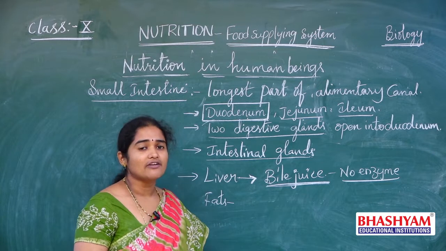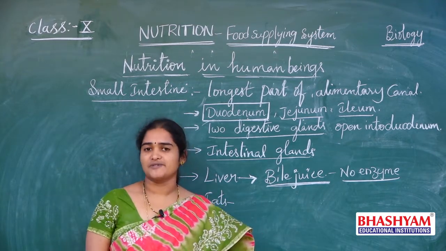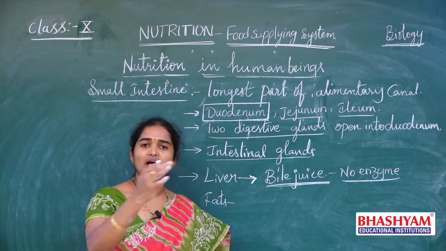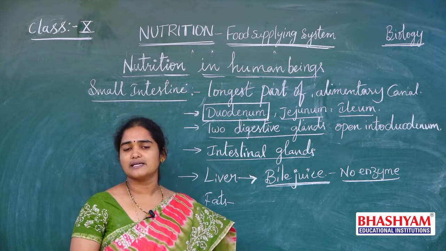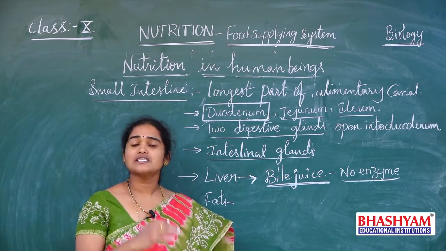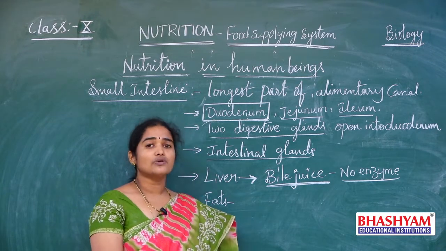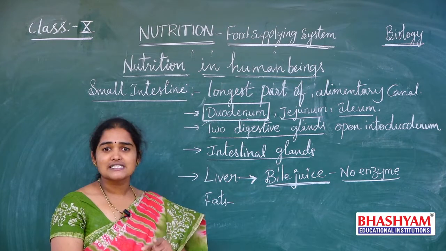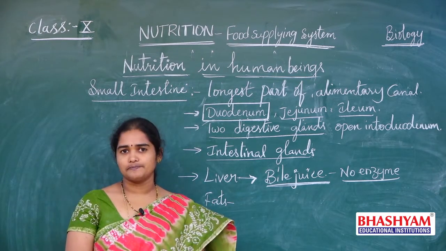Fats are very complex food substances when compared to carbohydrates and proteins, and it is a very complex process to digest fats. To digest fats, first they have to be converted into simple fats.